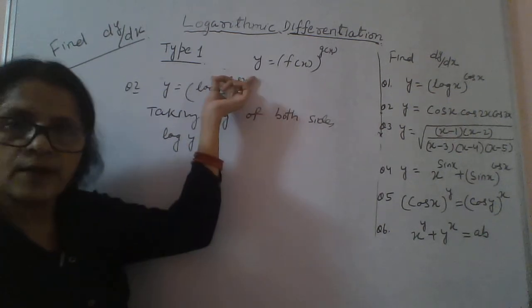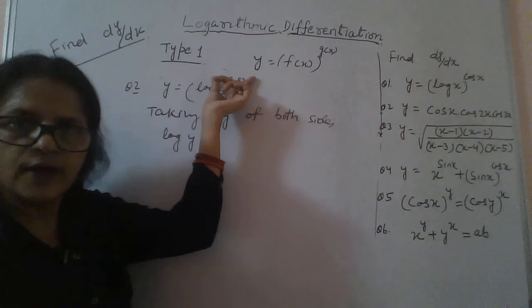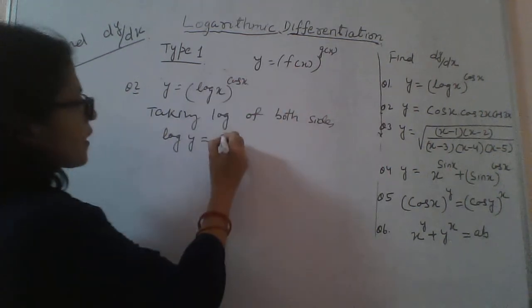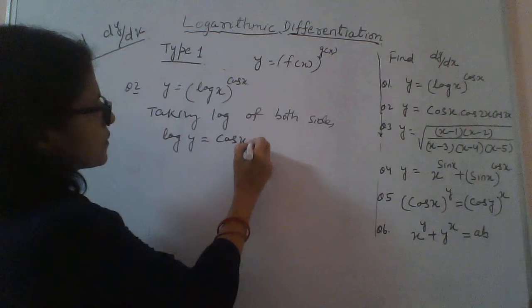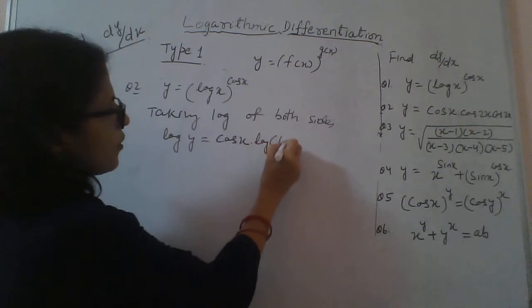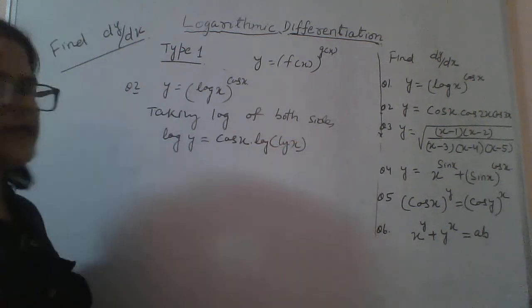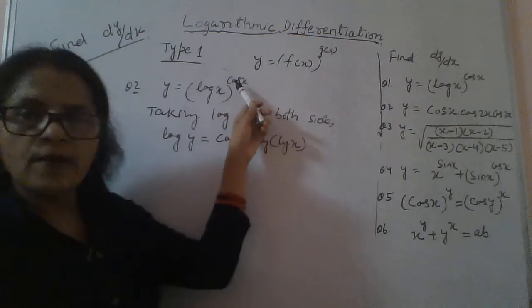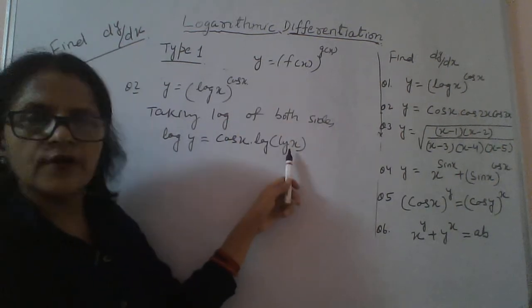Log m to the power n is n into log m, so you can write here cos x into log of log x. Is it clear? Log m to the power n is n into log m.